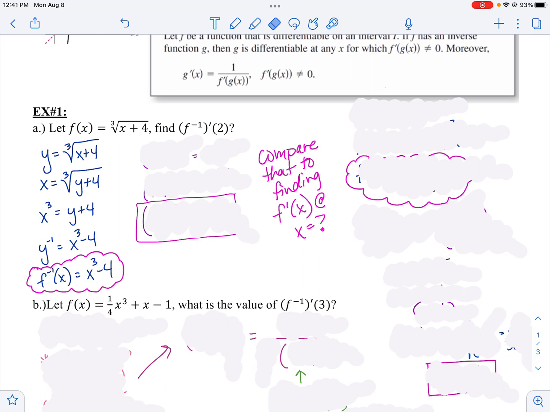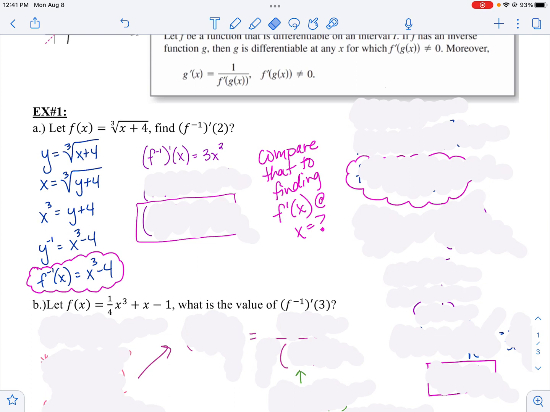Easy enough, right? I can find the inverse by switching the x and the y and resolving for y. Now that I have the inverse of f, x cubed minus 4, I can easily find its derivative. We've been doing that lots of times, right? By using my power rule, I can say that the derivative of the inverse is 3x squared.